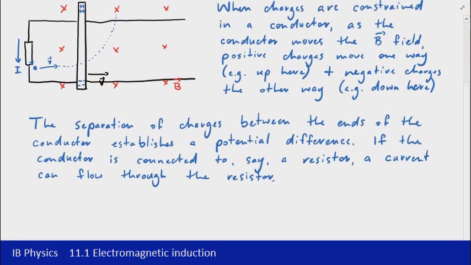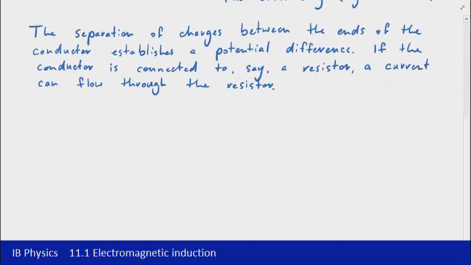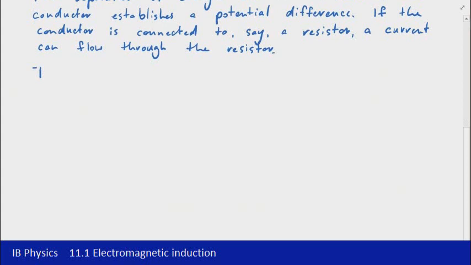Now the thing that we're most interested in here though is the potential difference. That potential difference has a particular name. It's a bit of a confusing name, so think of this as being more a description of what this potential difference does, rather than a description of the quantity itself.